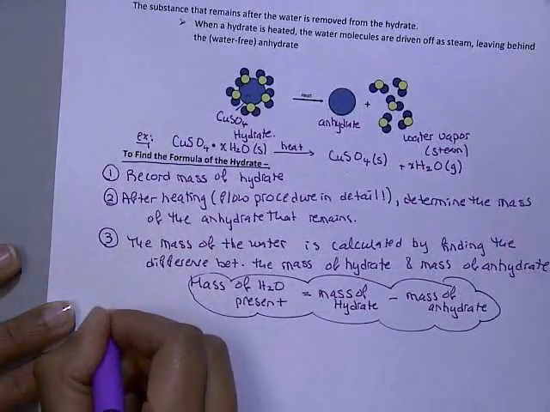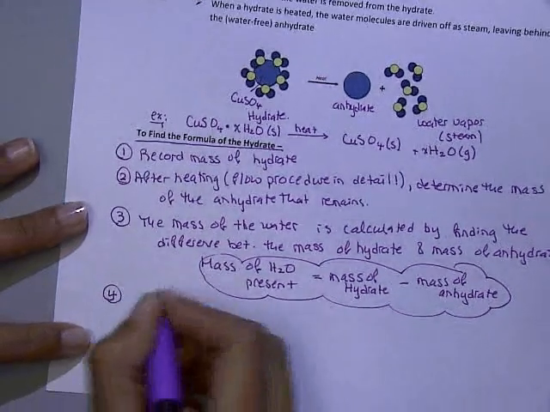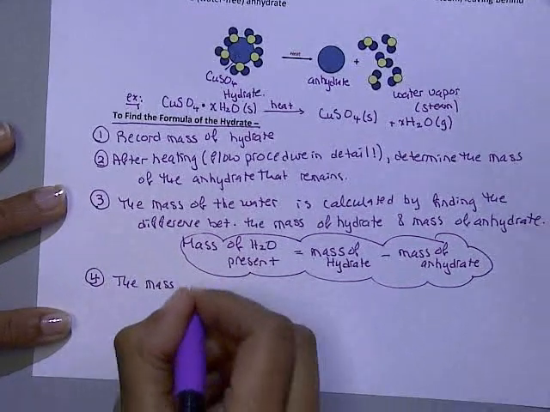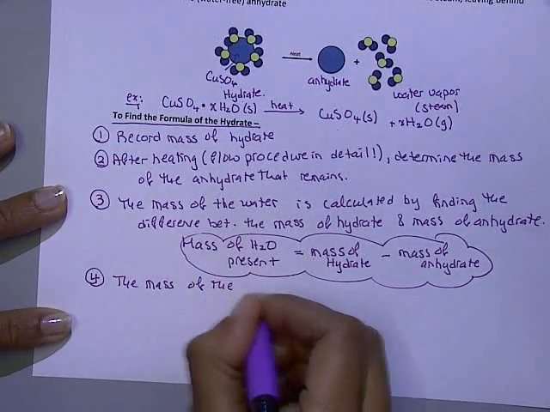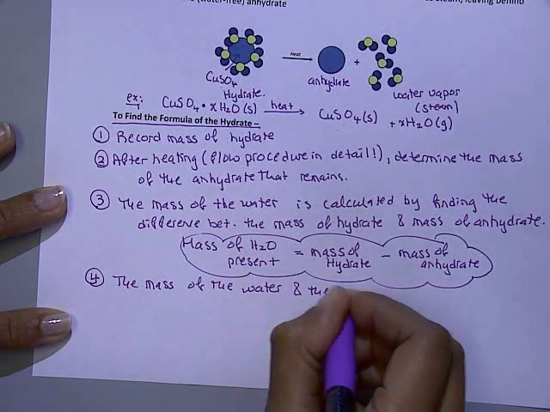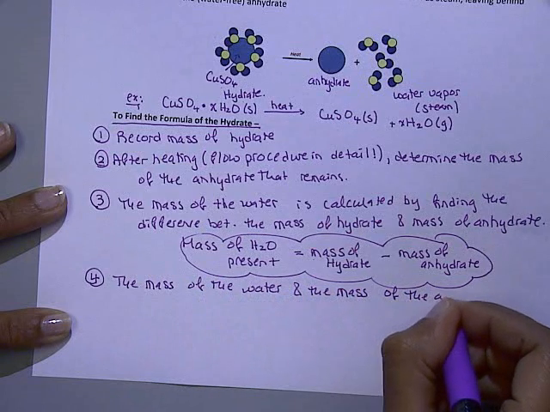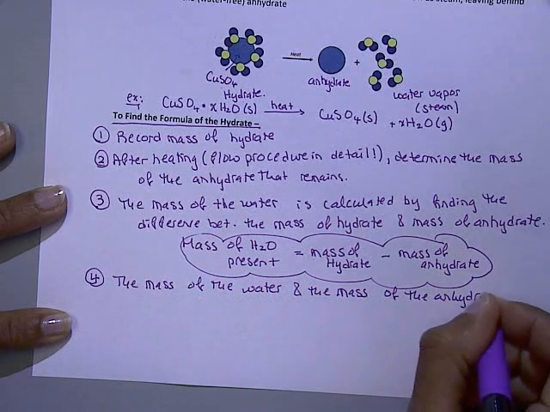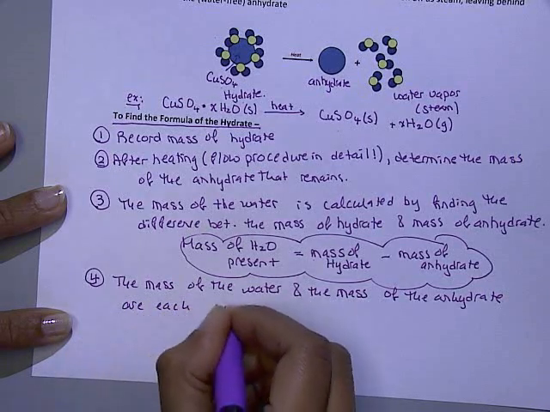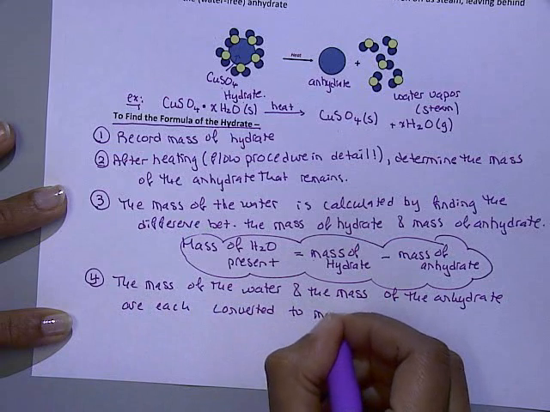All right, fourth and the last step, the mass of the water and the mass of the anhydrate are each converted to this unit called moles.